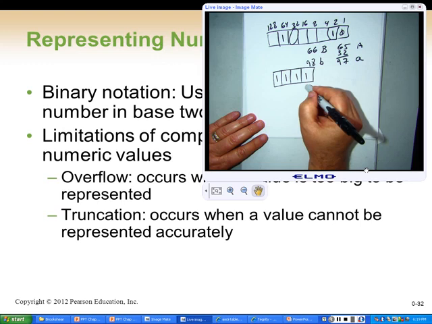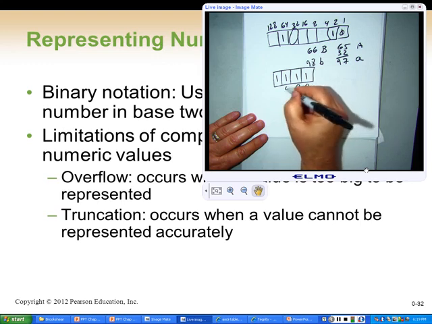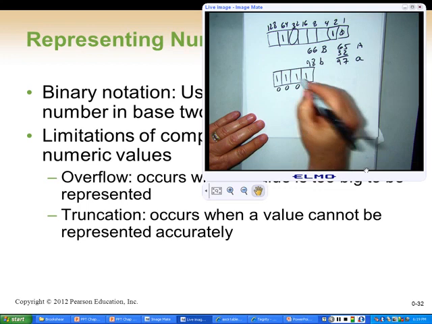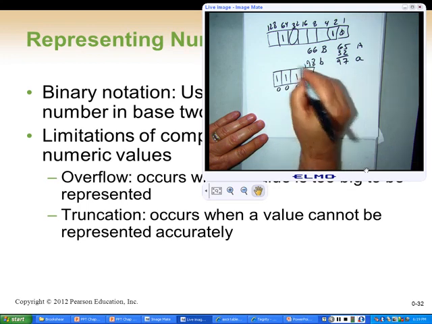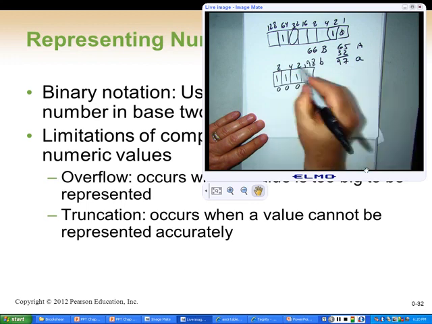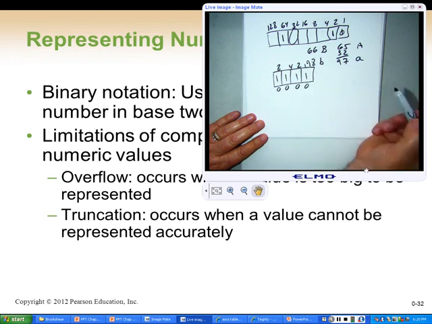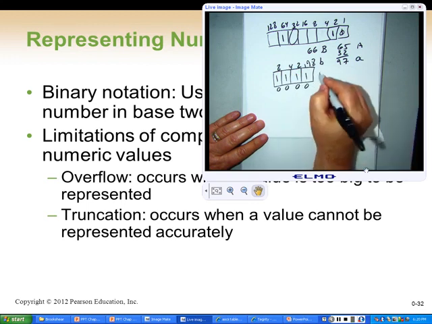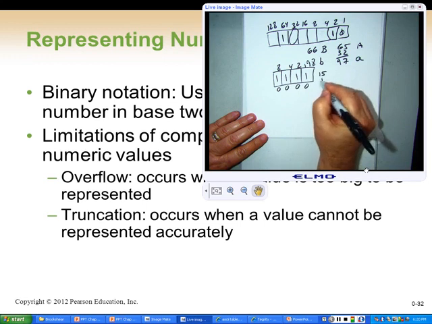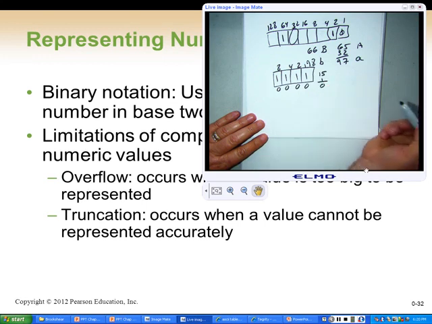It's going to give me 0, 0, 0, 0. I only have 4 bits, so it's not going to go outside of this. So what was this number to start with? 8 plus 4 plus 2 plus 1, 15, right? So what did I do right now? I added 1 to 15 and I got 0. That is the overflow.